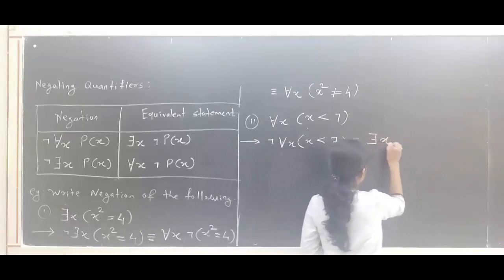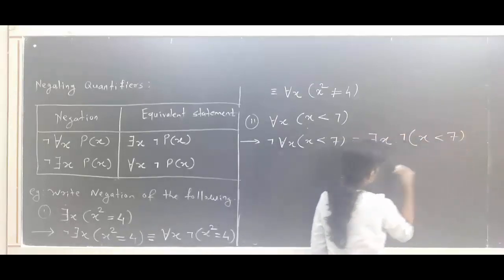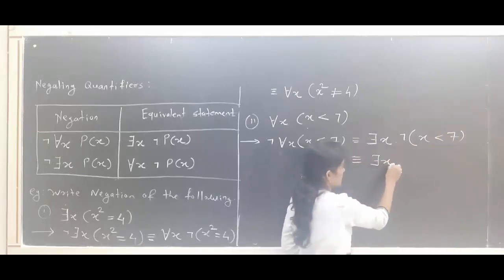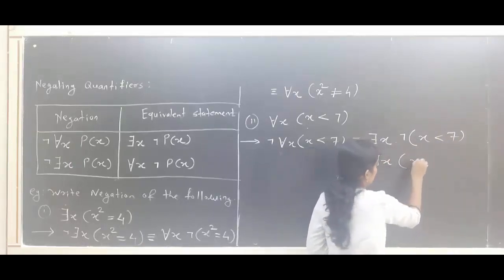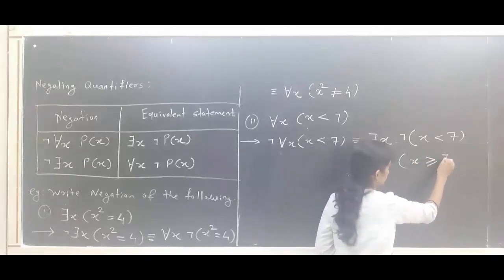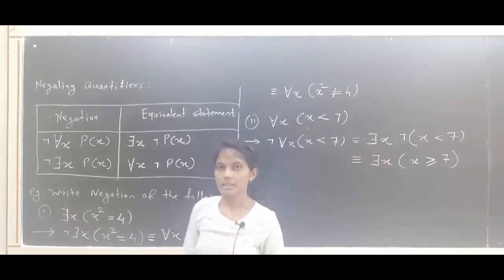So there exists x, then negation of x is less than 7. So it is equivalent to there exists x, solve this, x here greater than or equal to 7. Right? Get it this?